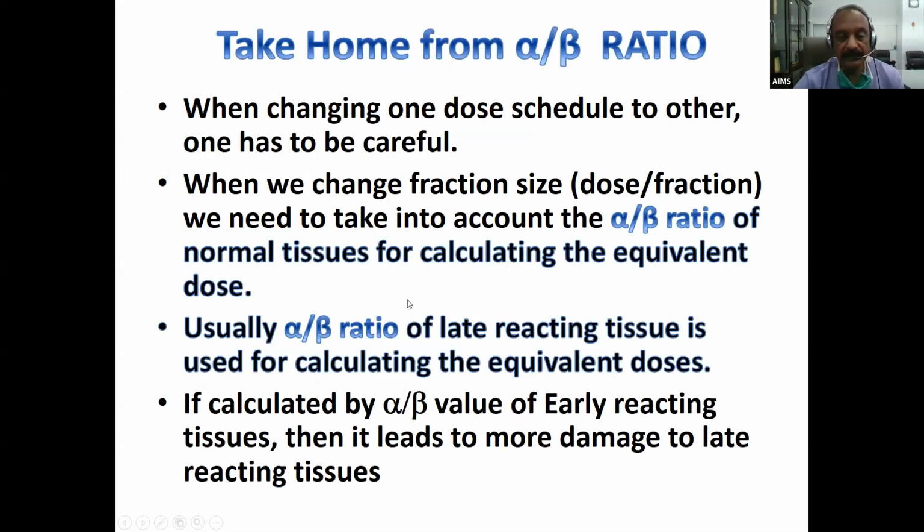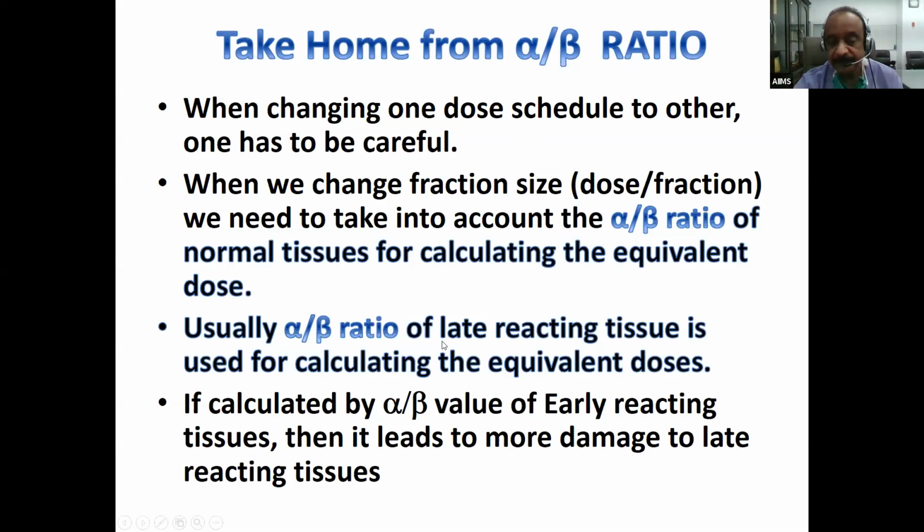Now, another important message. When we change fraction size, like if we increase fraction size, then we have to find out the isoeffective dose. Remember, the isoeffective dose is always calculated based on the alpha beta ratio of late reacting tissue.